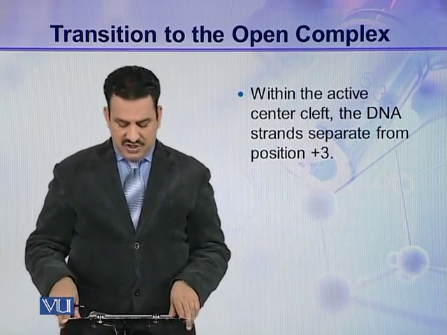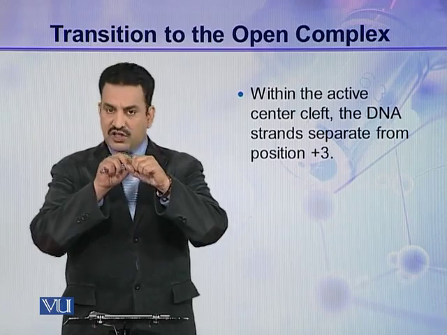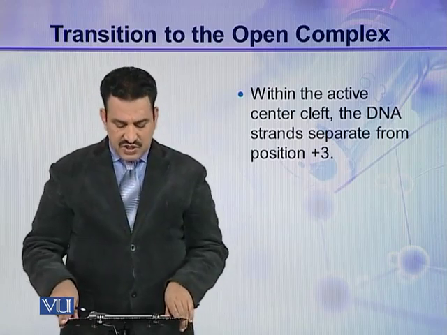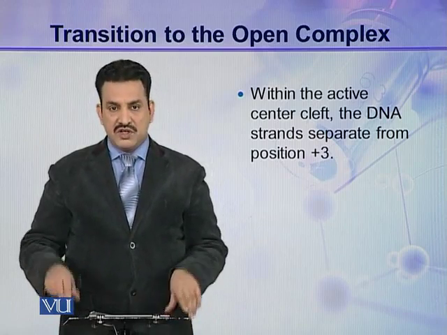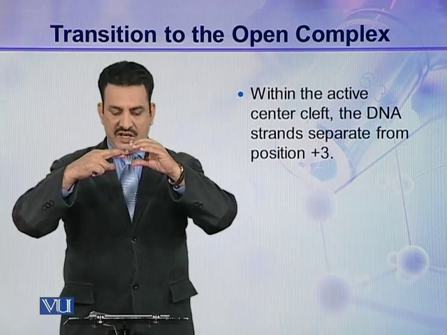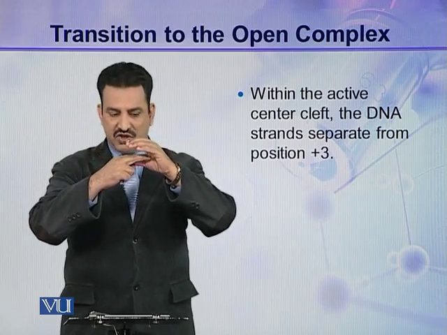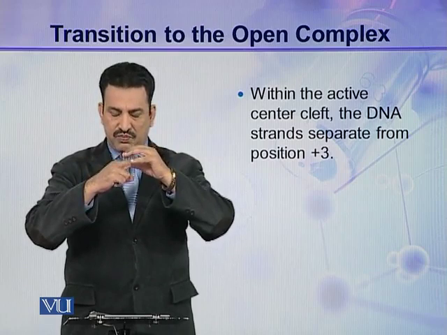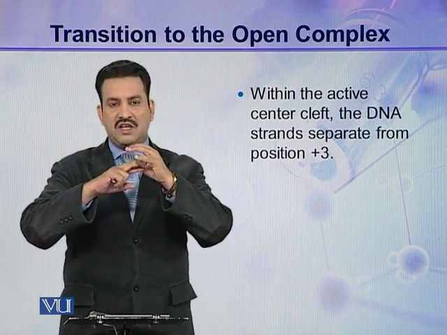Within the active center cleft, the DNA strands separate from position +3. So they enter in the double-stranded form, and then they reach the position +3, and at the position +3 they open up.